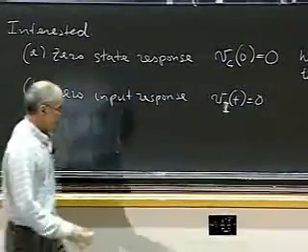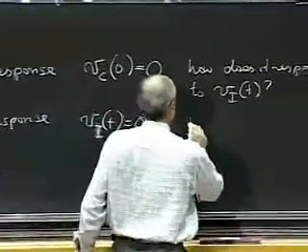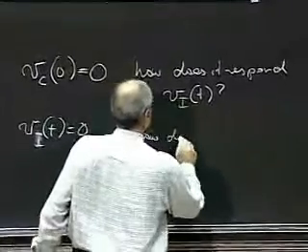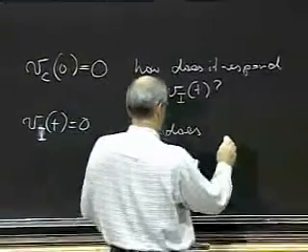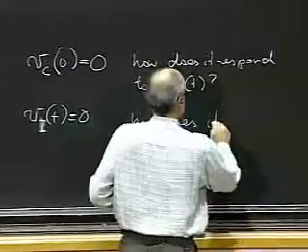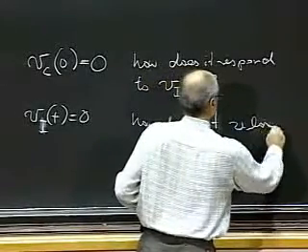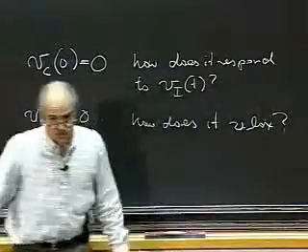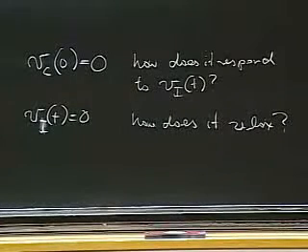Okay? So the question here is how does it relax? So we're starting with an initial state. So how this state relaxes out in the circuit.